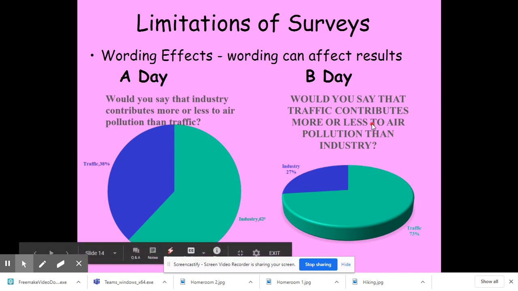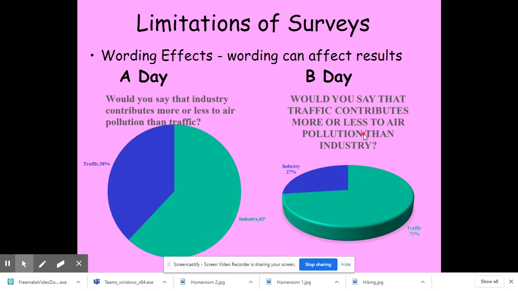I asked B Day, would you say that traffic contributes more or less to air pollution than industry? It was flipped, all because these two words were flipped. So you can see how big of an effect that can have. When you're looking at any sort of political survey, you really need to look at how the questions were worded, because they can really skew one way or the other depending on the wording.